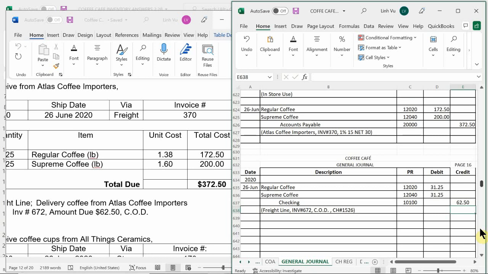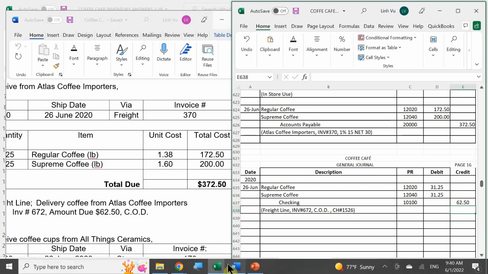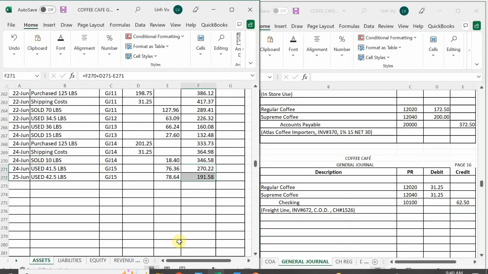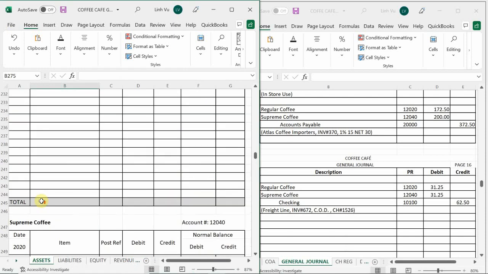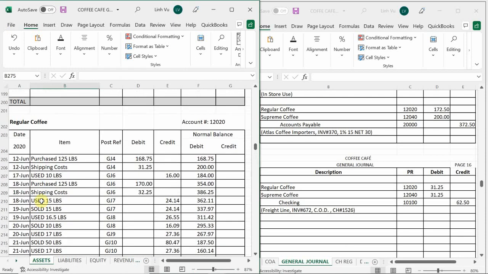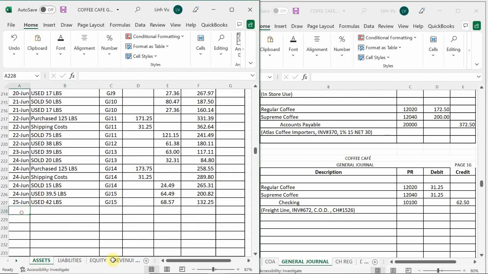So now that I completed my journal, I need to go to my ledger, because I have to update my inventory. Here is where I last left off with my inventory, starting with my regular coffee. We purchased 125 pounds, and we've got some shipping costs.